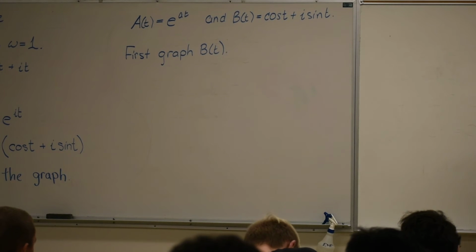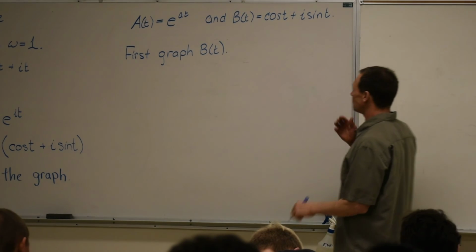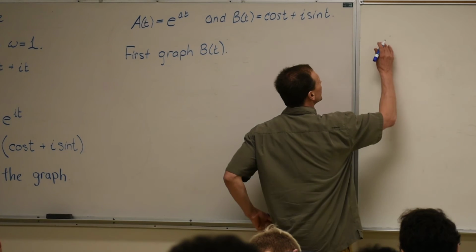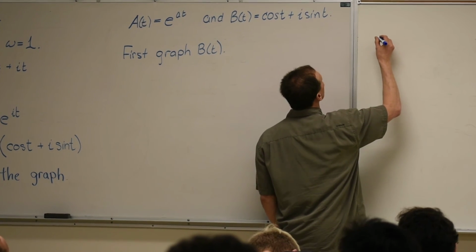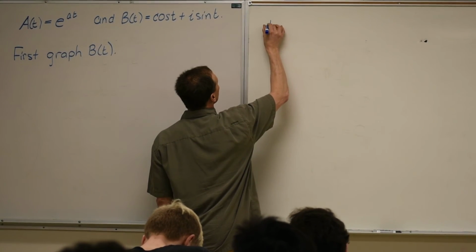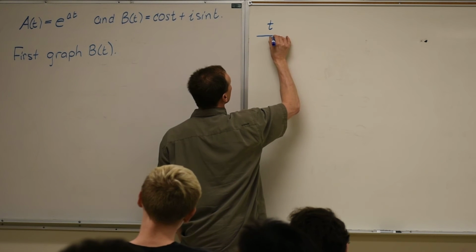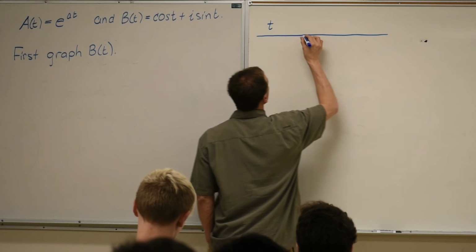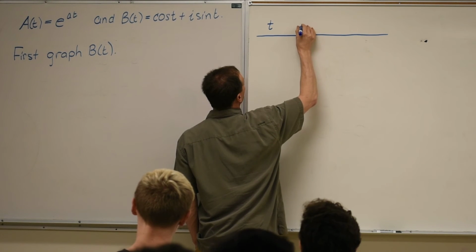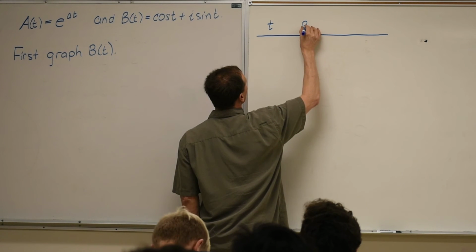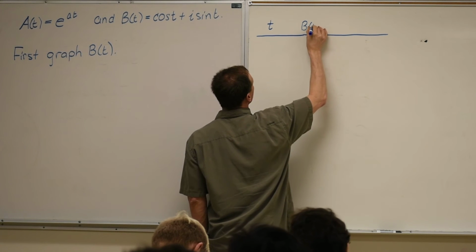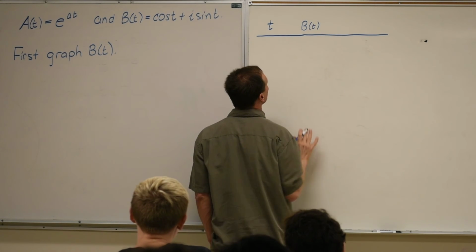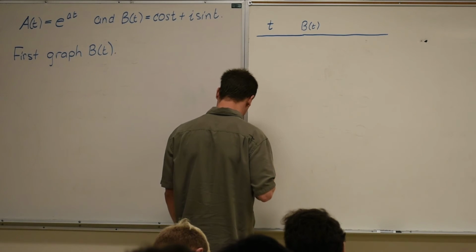And here's what we're going to use for our table. Let's do t. I'm going to put a line under this. This may seem a little counterintuitive, but we're going to start with B of t. Then we'll come back and address A of t in a moment.